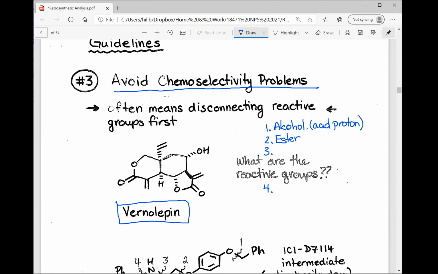We've got this one, and we've got this one. Are those two esters equivalent by any chance? They're both cyclic, and there's a special name for a cyclic ester called a lactone.